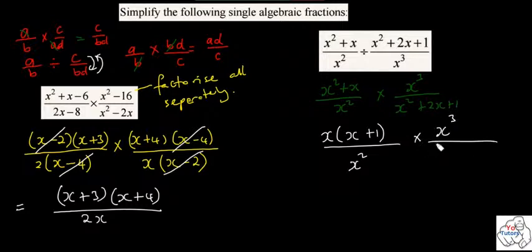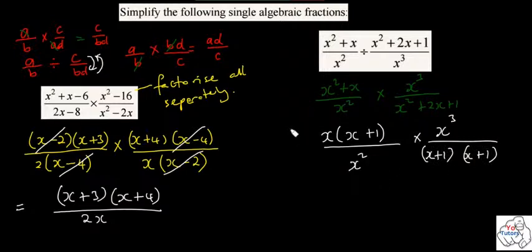We have x cubed there. Now we can also factorize this one. It's going to be x, x, then we look for factors that if we multiply them, we get 1, and if you add them, you get 2. Then it's going to be plus 1, plus 1.